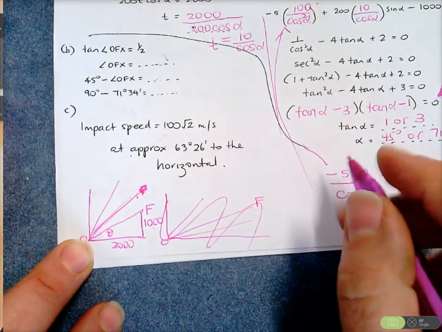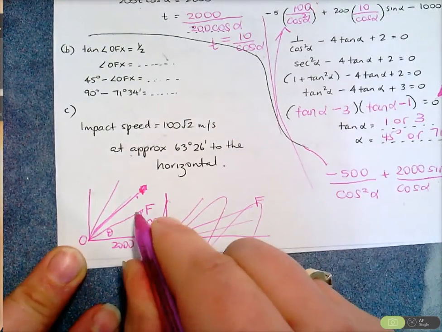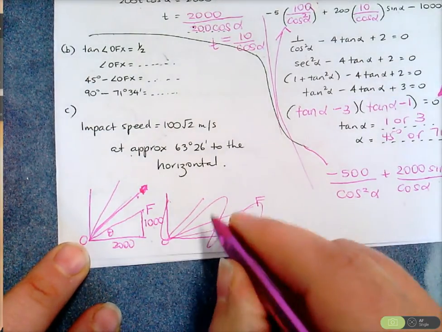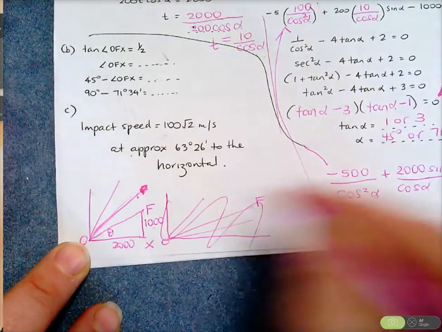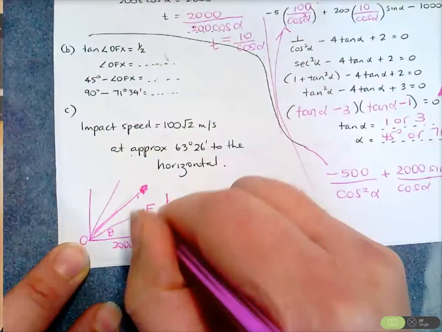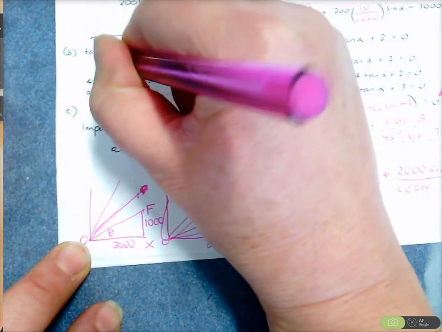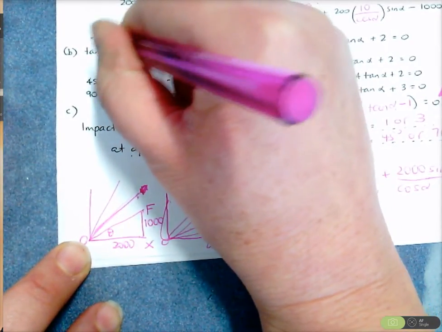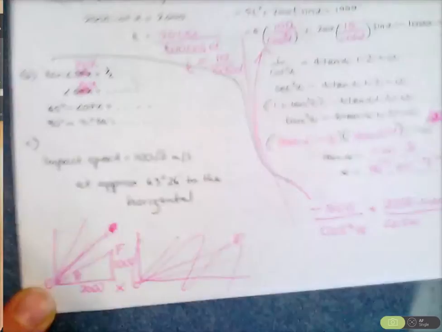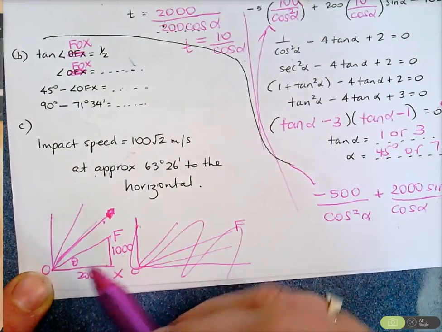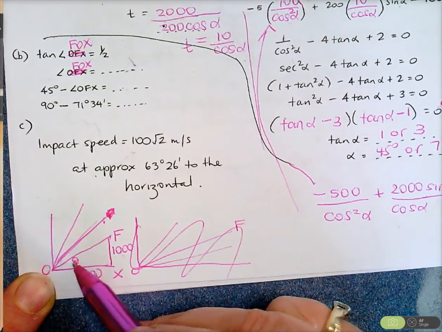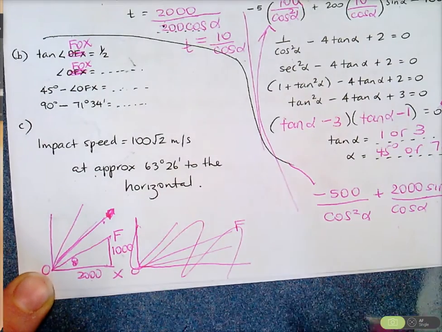So what's tan to the minus 1 of a half? Why have they got angle OFX? I think it's the other way around. It should be angle FOX. So, angle FOX, tan of theta is 1,000 over 2,000.